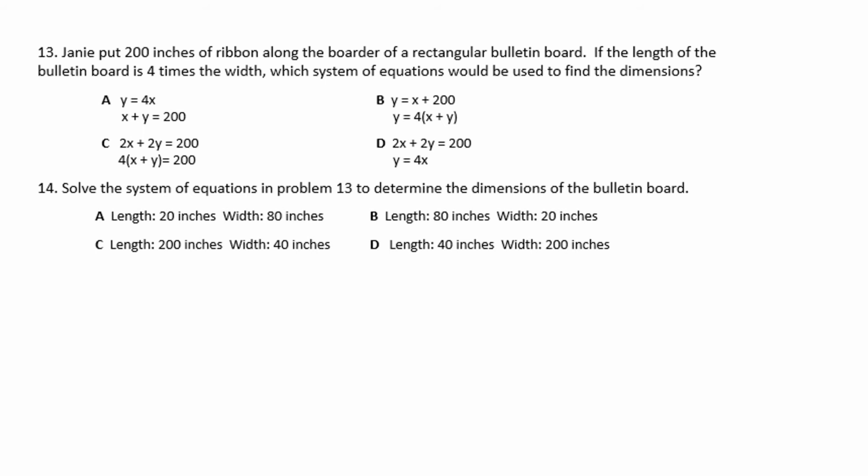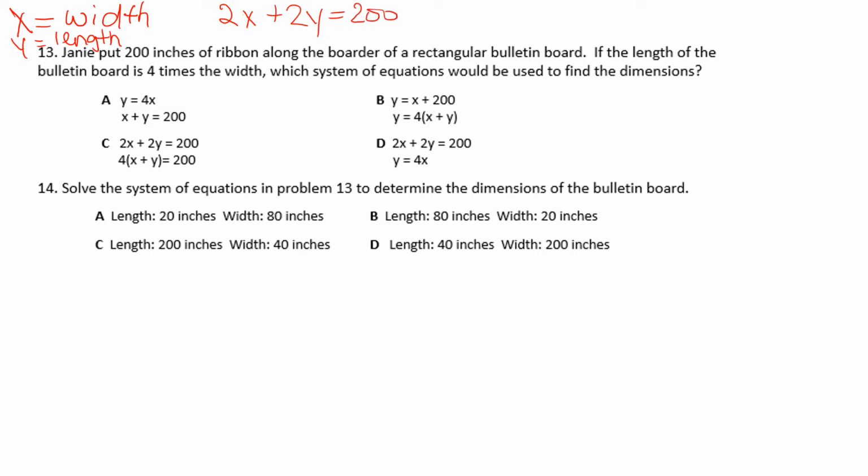So we're going to make x represent the width. And y is going to be my length. So we know that all of the ribbon together equals 200 inches. So I would have 2 times my width, which is 2x, plus 2 times my length, which would be 2y, equals 200.